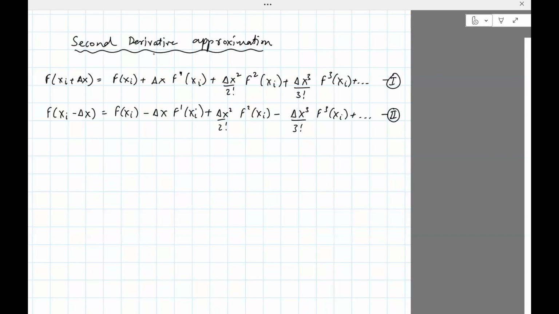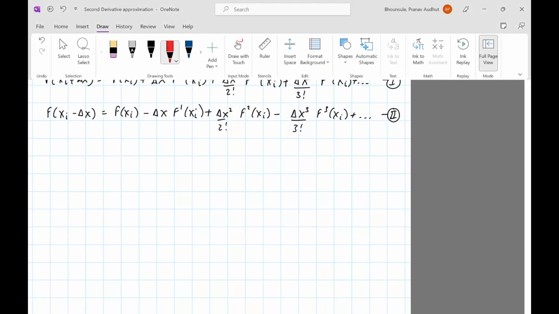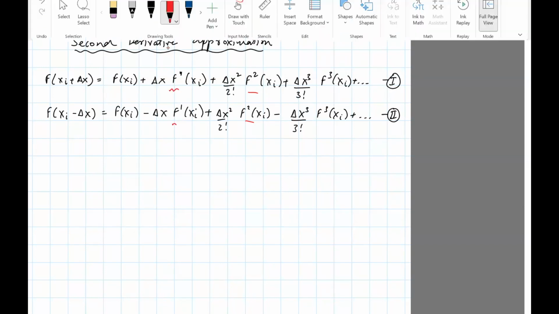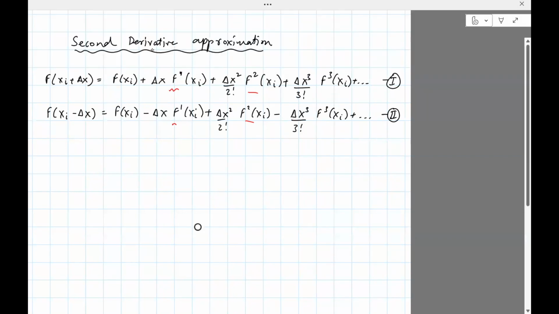Okay. Now, in order to attempt to get the second derivative, I notice that f2 is right here, and I don't want the first derivative, so I don't want these terms. So what I can do is sum 1 and 2, and by summing you'll see that the term involving the first derivative will actually cancel out. So let's do that.